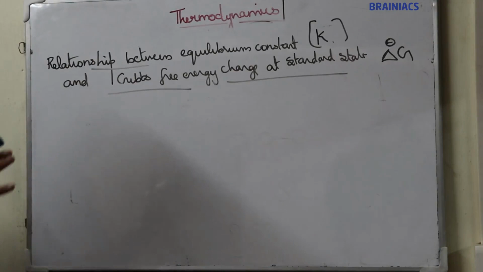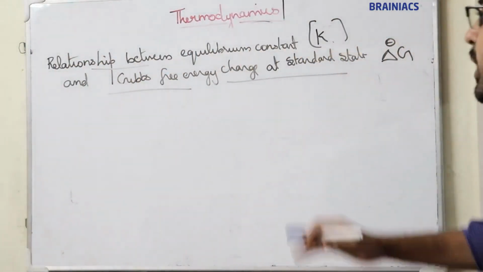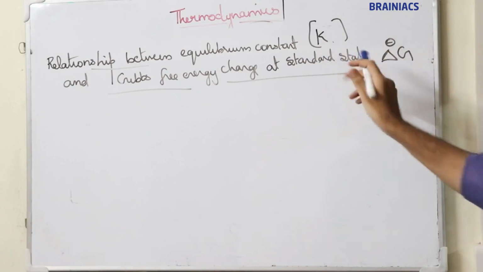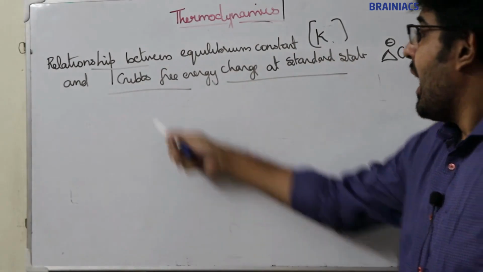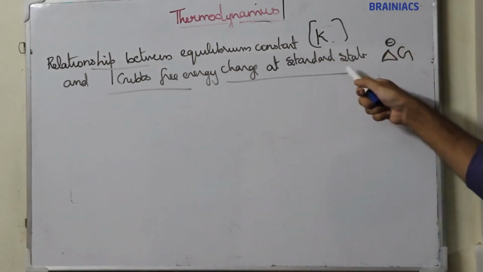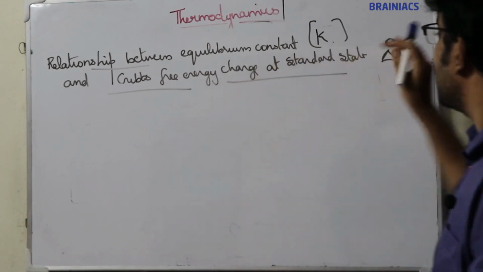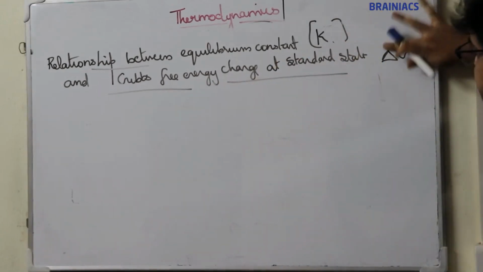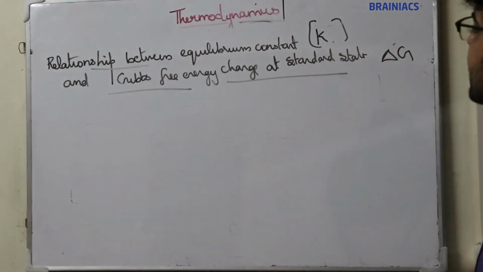I think it's clear. Moving on to the last and final topic, the relationship between equilibrium constant K and Gibbs free energy change at standard state. What is Gibbs free energy change? Delta G theta is the Gibbs free energy change at standard state.